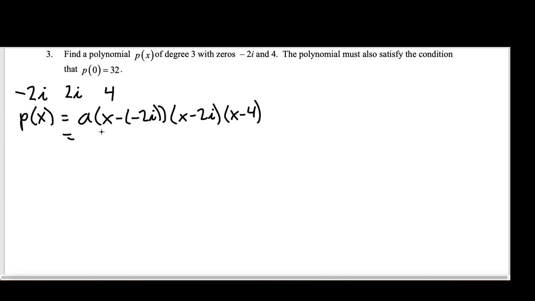And this is equal to a times x plus 2i times x minus 2i times x minus 4.